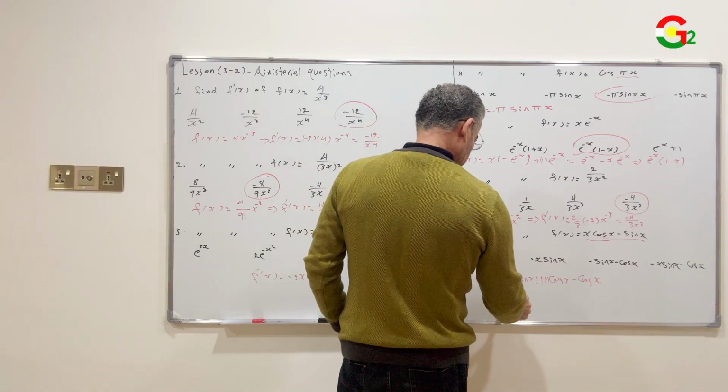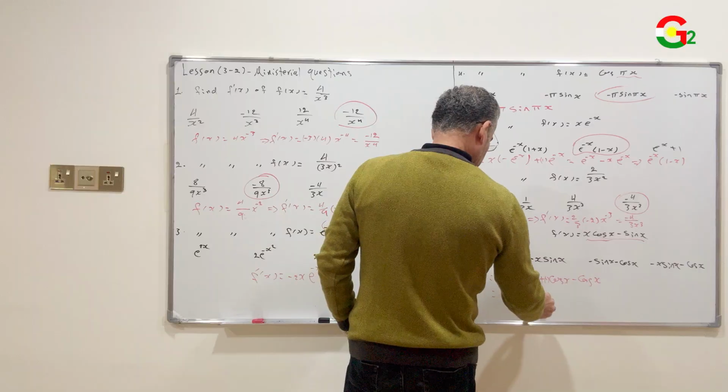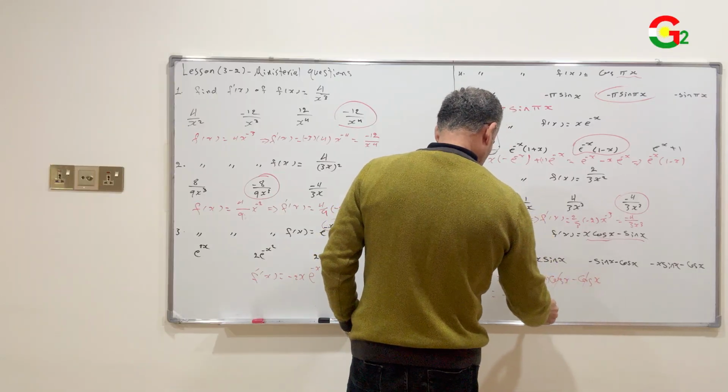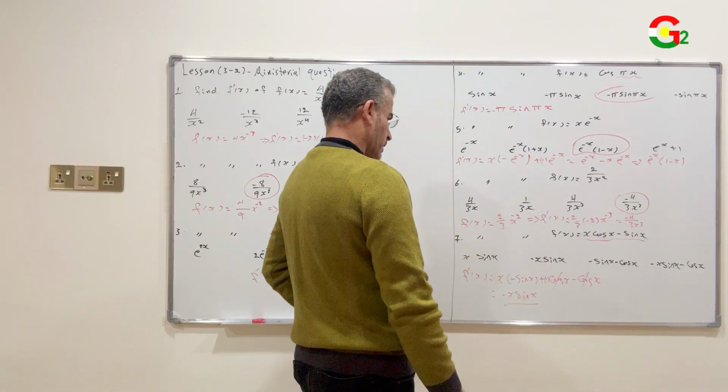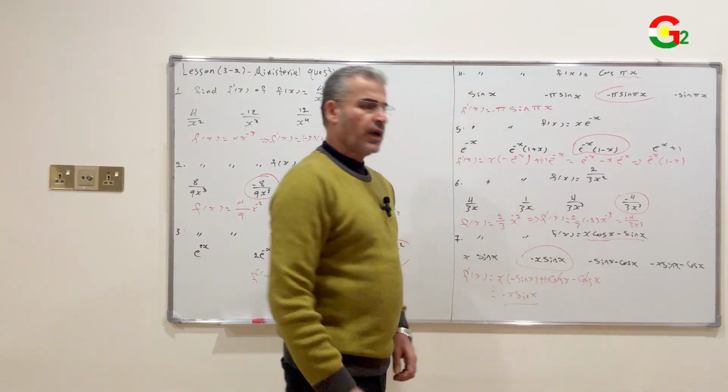Simplify: negative x sine x minus cosine plus cosine. Then the right answer is B, negative x sine x.